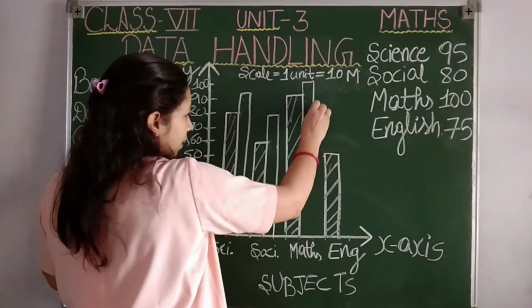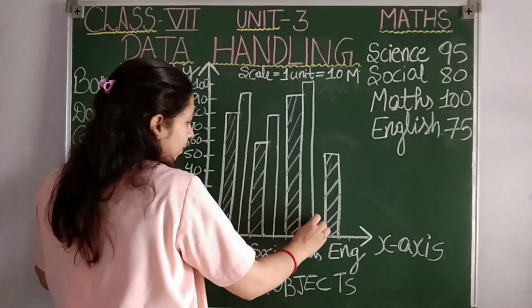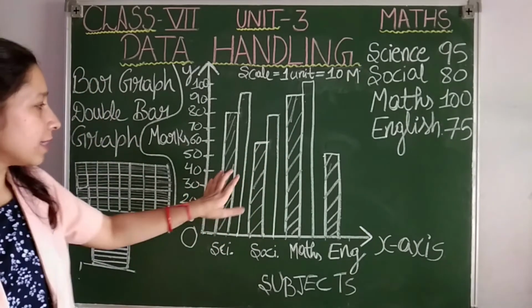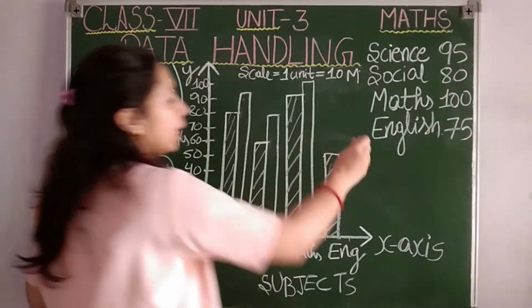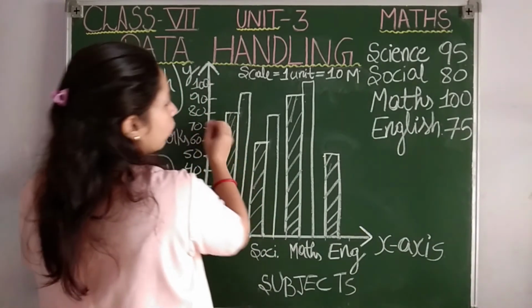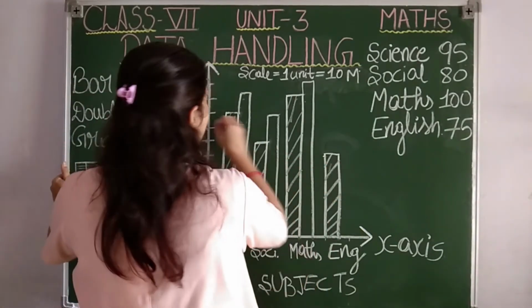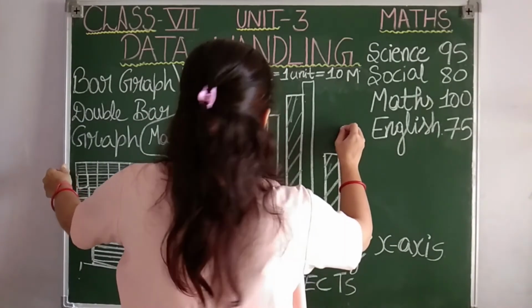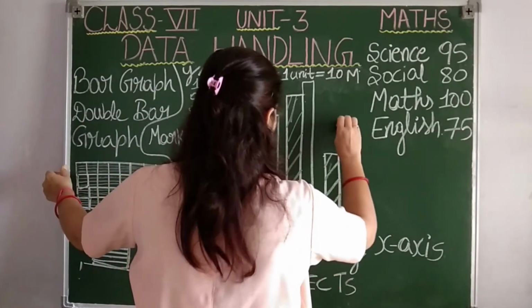See how simple it is. So this is 100, you can see two bars for each subject. English 75, no problem, we'll go between 70 and 80, and there we'll mark 75.